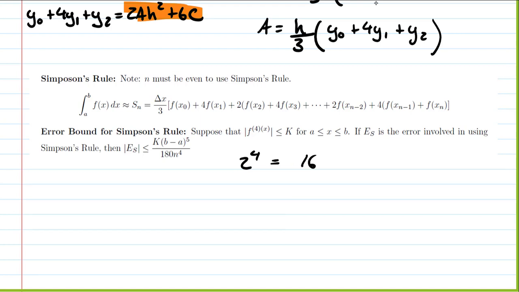So if you double the number of rectangles using Simpson's rule, instead of decreasing your error by 1/4, you're going to decrease your error by a factor of 1/16, right? So Simpson's rule, those parabolas are much more accurate than the straight line counterparts, because they're going to bend and approximate that curve a lot better.